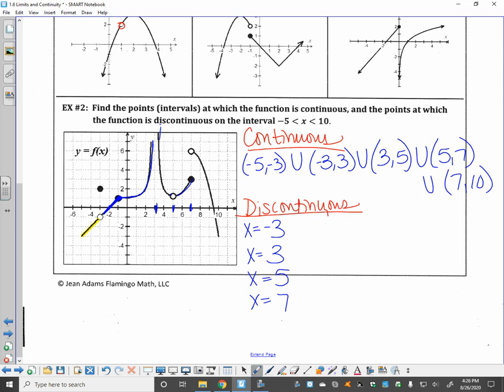Now, at -3, I am removable, point discontinuity, or a hole, aka a hole. At 3, that looks like a vertical asymptote to me, so that is a non-removable infinite discontinuity. At 5, I am non-removable jump discontinuity.